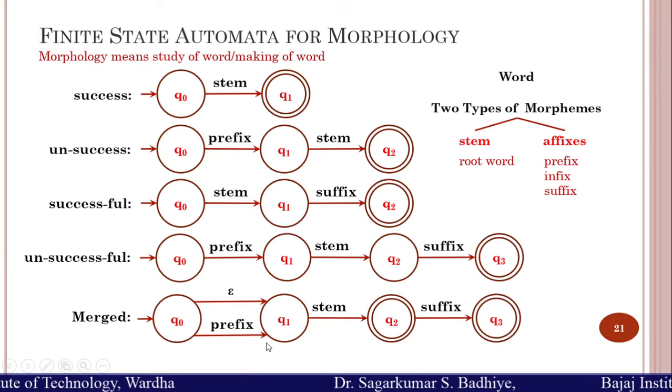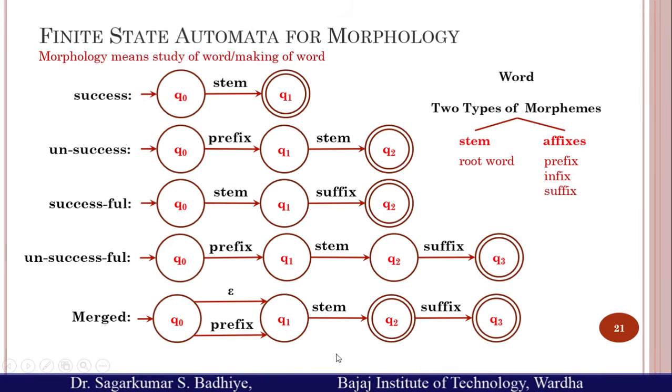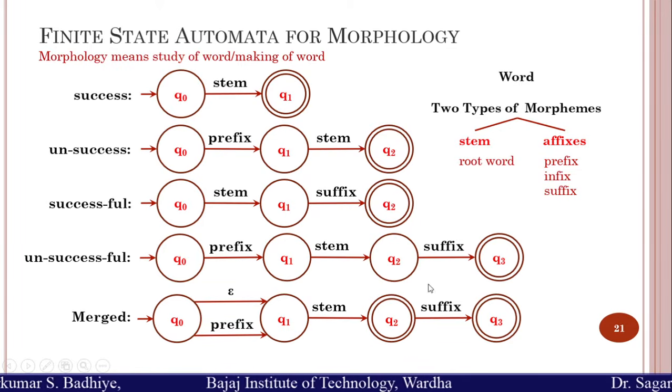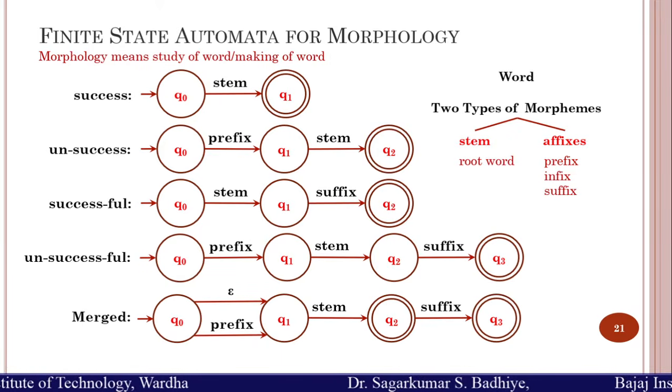So this is the new automata that can read all these words, and this automata we have already studied in theory of computation. This is a merged combination of all these automata that will accept success, unsuccess, successful, and unsuccessful.